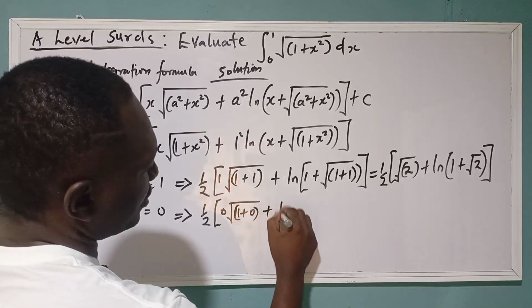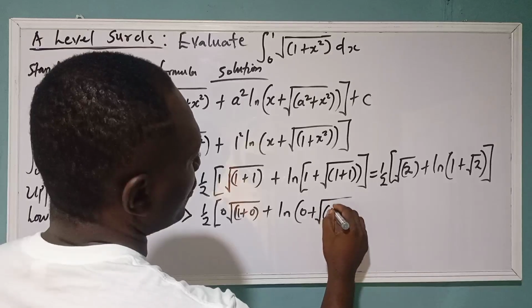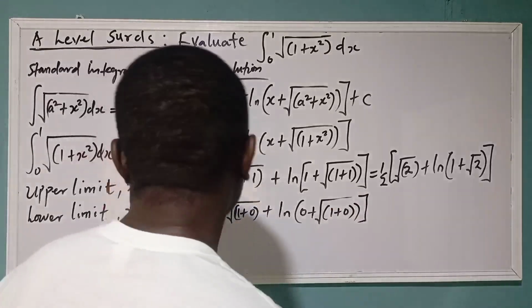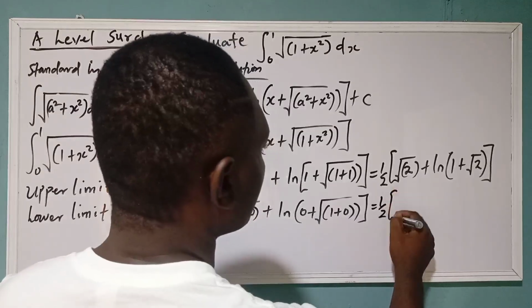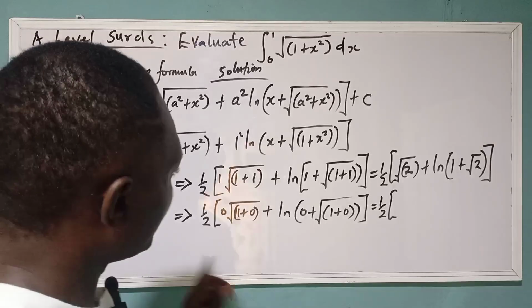Then plus ln 0 plus square root of 1 plus 0 again. So we close the bracket. To conclude this, we're going to be having 1/2 into, this is 0 times this will give you 0, right?